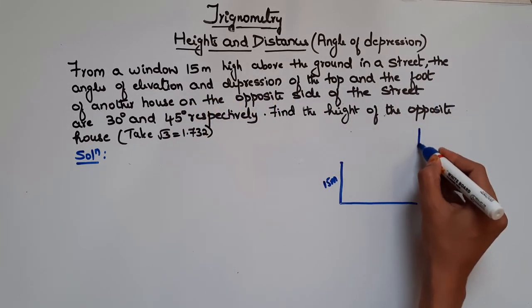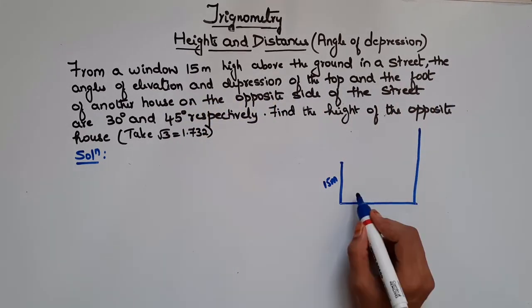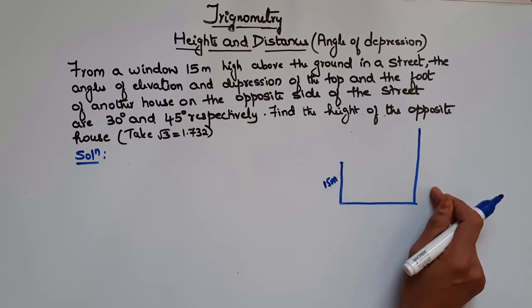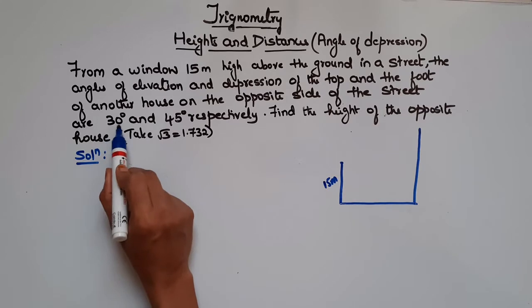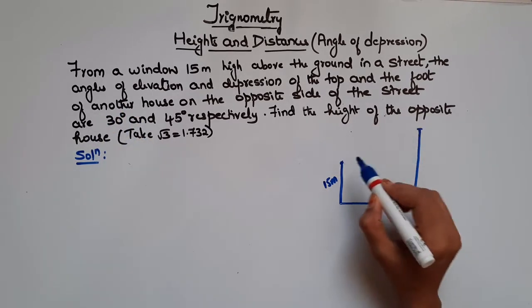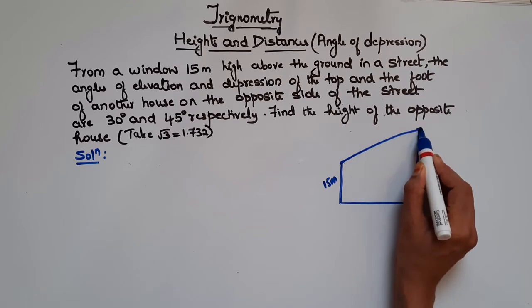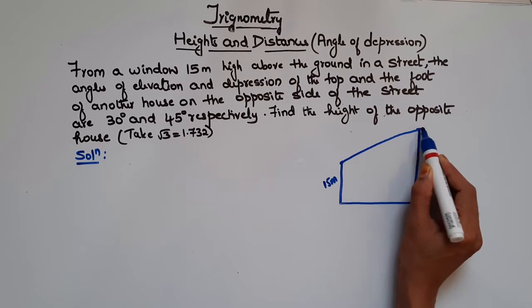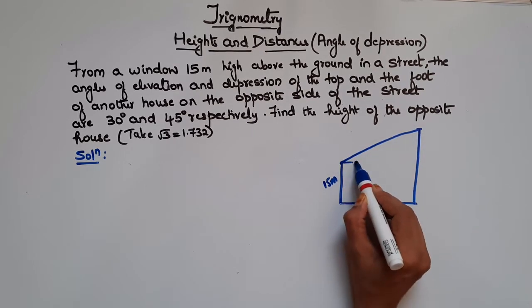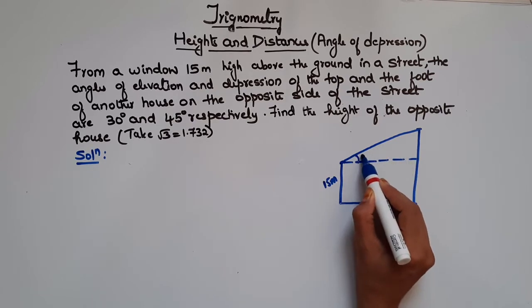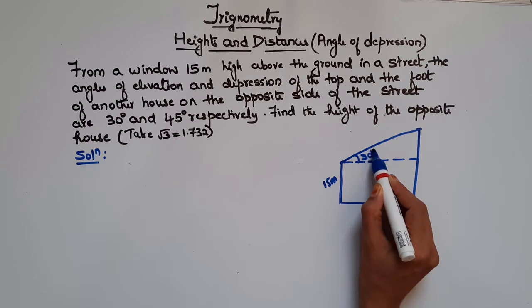There is another house which is present on the opposite side of the street. The angle of elevation, they have said it as 30 degree. So angle of elevation from this window to the top of the opposite house is, this is the horizontal line, right? This angle is 30 degree. This is the angle of elevation.